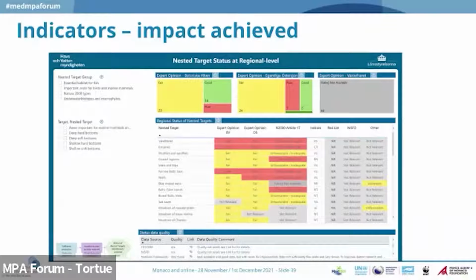We looked for any evidence that we could find, at whatever resolution, to have a group of experts jointly agree, using this best available knowledge, on what they think the status is in that particular region. Very useful. And it also gives the gaps in information. Next slide, please.